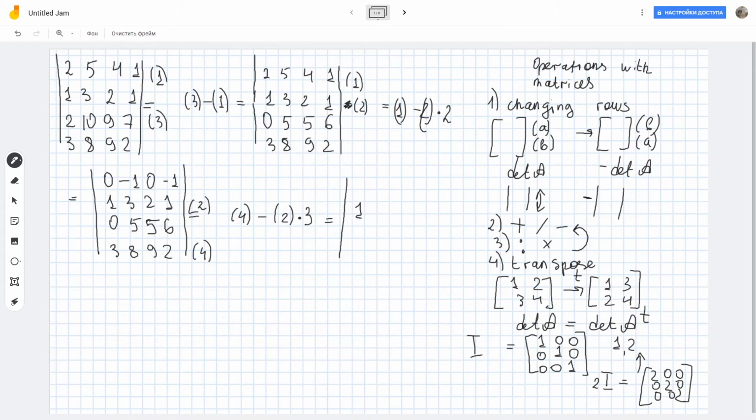We keep the second row as it was, and we can subtract.